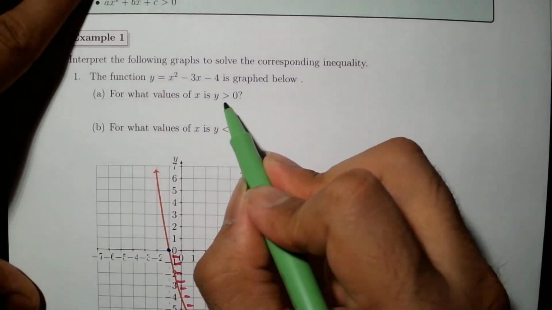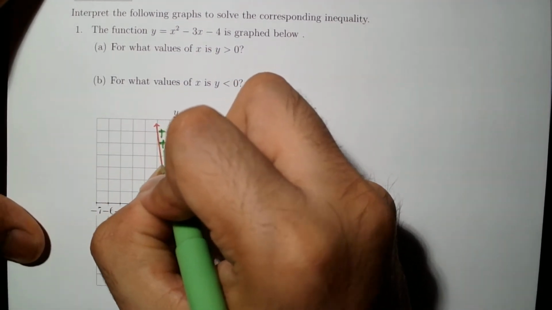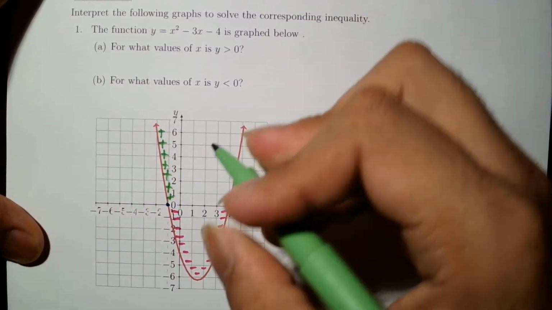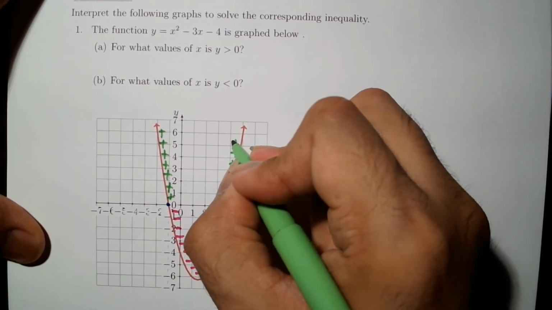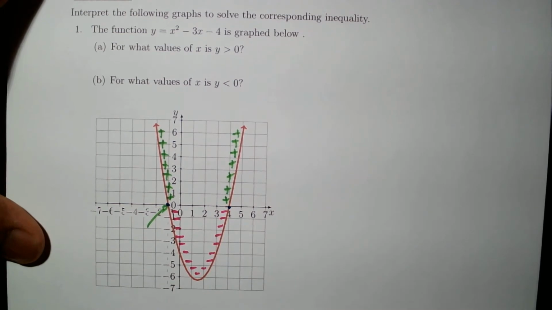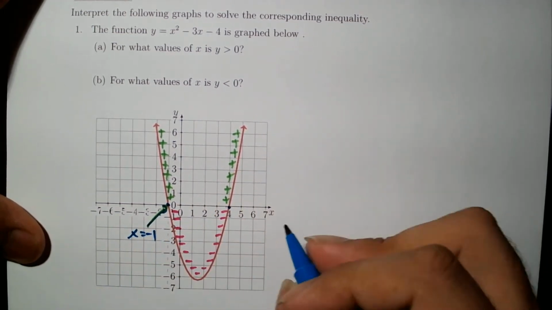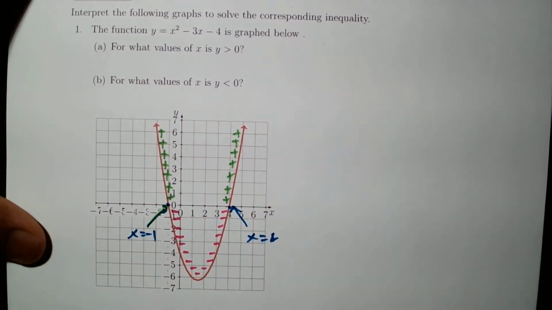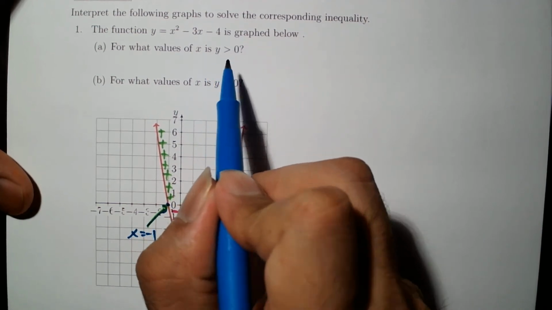And to answer the first part, we'll look at the intervals in which the parabola is positive. Okay? So notice the x-intercepts are x equals -1 and x equals 4. For what values of x is y greater than 0?